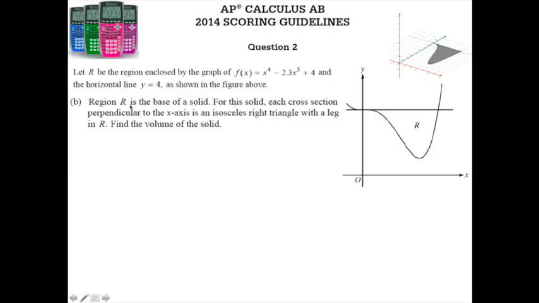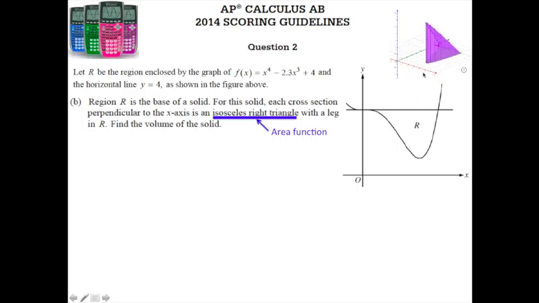For part B, it's asking you to take this region here. It's a base of a solid. So here's the region here. And we're going to put a cross section that's an isosceles right triangle. So we're going to start building isosceles right triangles across that flat region.